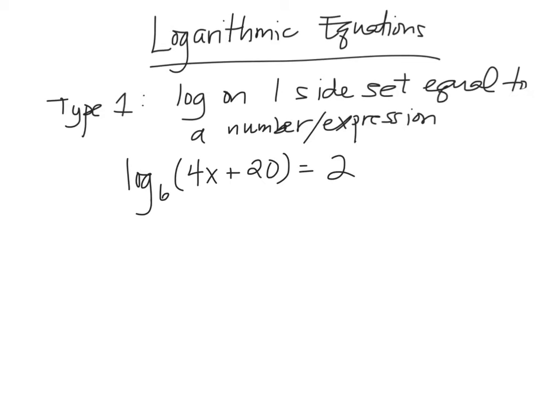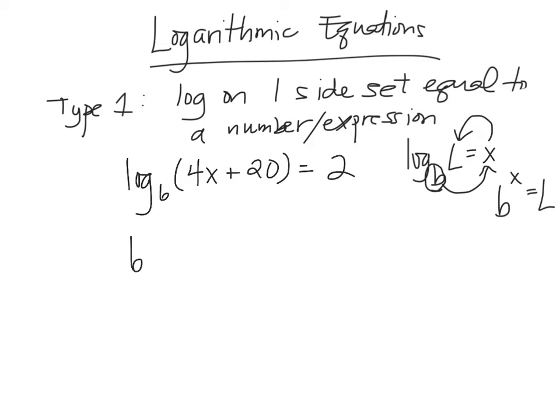So let's look at type 1, where log is on one side and it's set equal to a number or expression on the other side. When we have this kind of problem, we want to rewrite this as an exponential equation. If you recall from previous videos, we can rewrite a log in this form as b to the power of x equals L. So b to the x equals L. Here our b is 6.